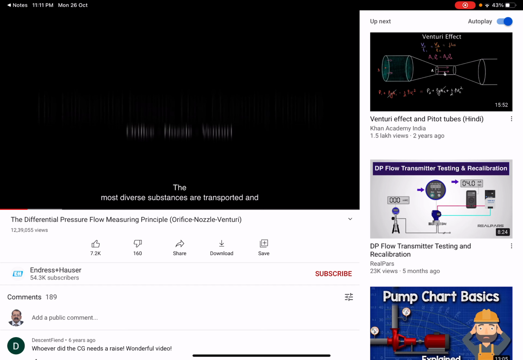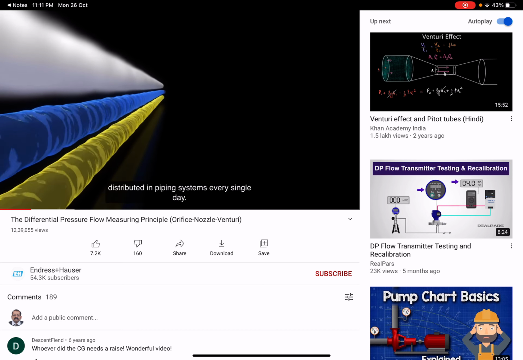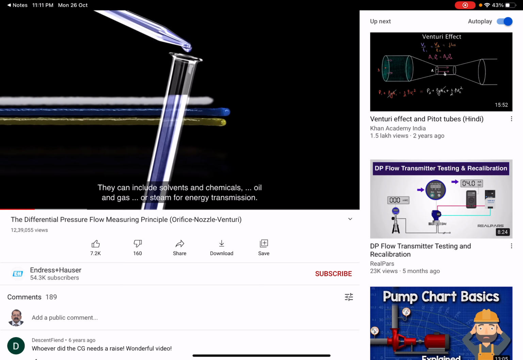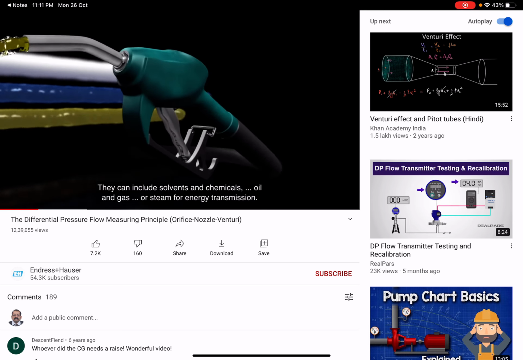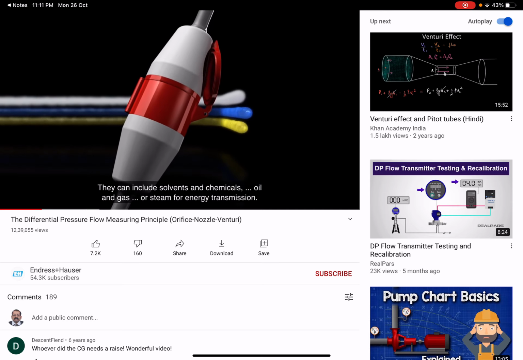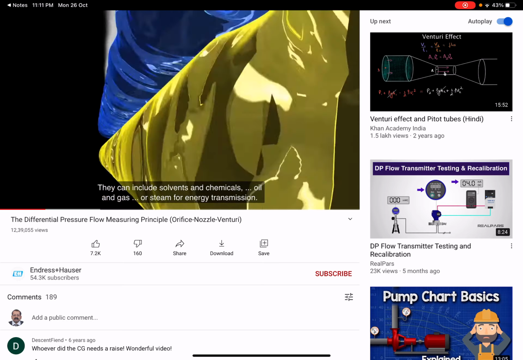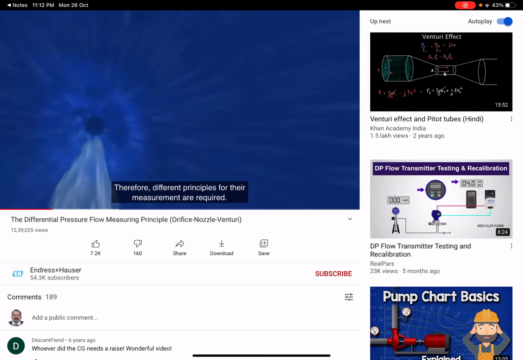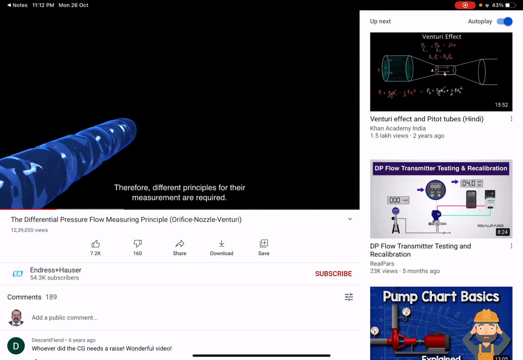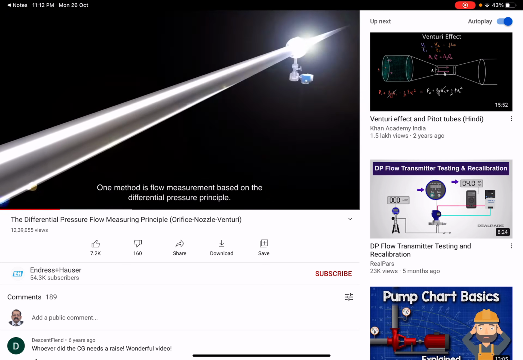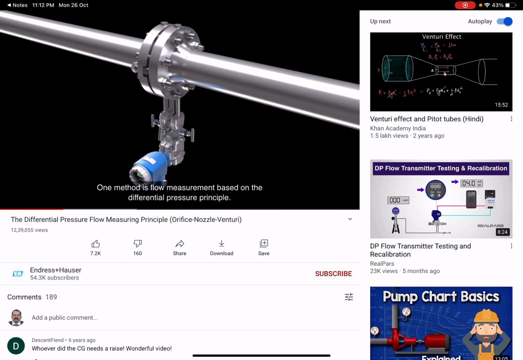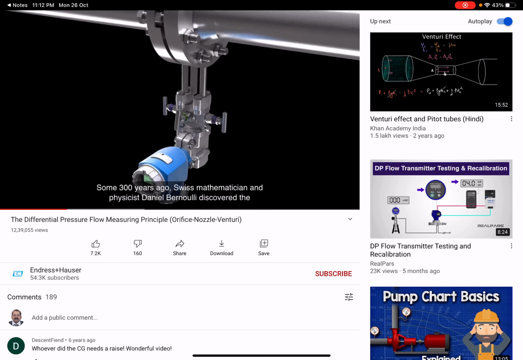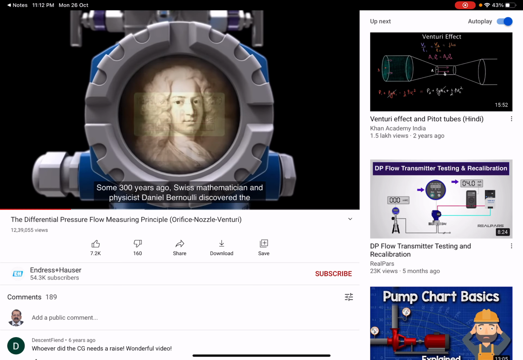The most diverse substances are transported and distributed in piping systems every single day. They can include solvents and chemicals, oil and gas, or steam for energy transmission. The fluids flowing through pipes often have completely different properties. Therefore, different principles for their measurement are required. One method is flow measurement, based on the differential pressure principle. Some 300 years ago, Swiss mathematician and physicist Daniel Bernoulli discovered the direct relationship between the pressure and speed of a fluid flowing in a pipe.